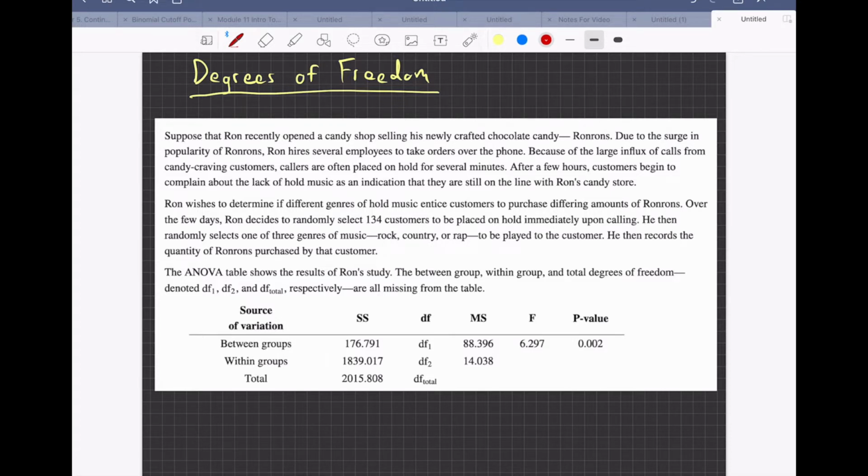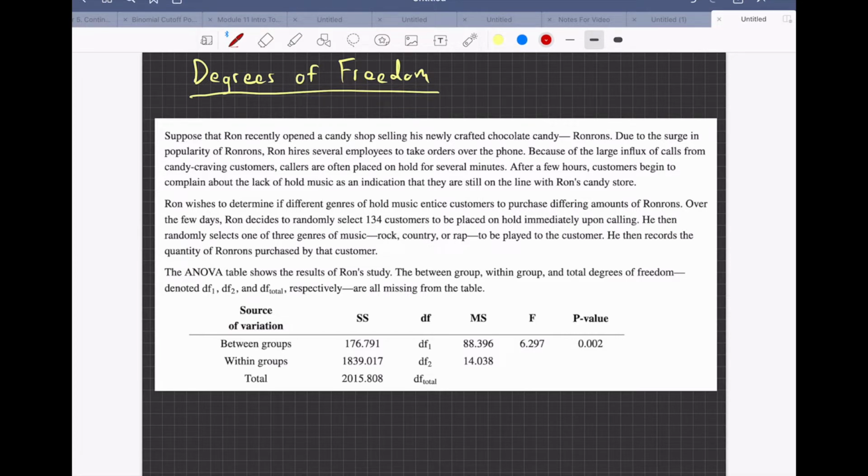Due to the surge in popularity of Ron Runs, Ron hires several employees to take orders over the phone because of the large influx of calls from candy craving customers. Callers are often placed on hold for several minutes. After a few hours, customers begin to complain about the lack of hold music as an indication that they're still on the line with Ron's candy store.